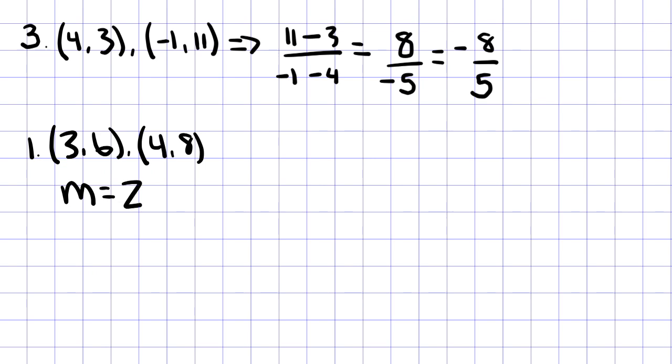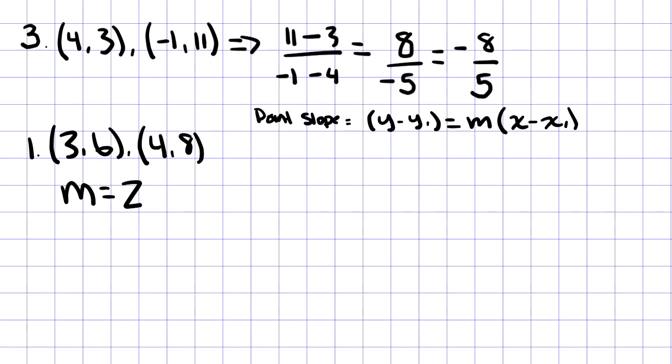A little recap on the point slope formula: y minus y1 equals your slope m times x minus x1.